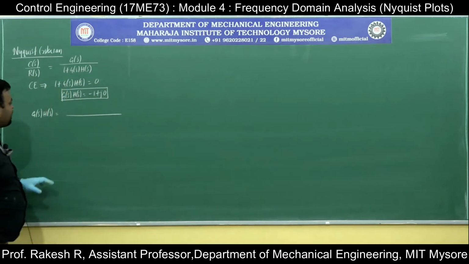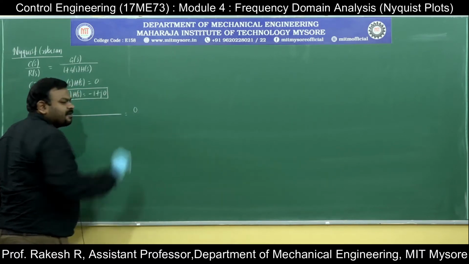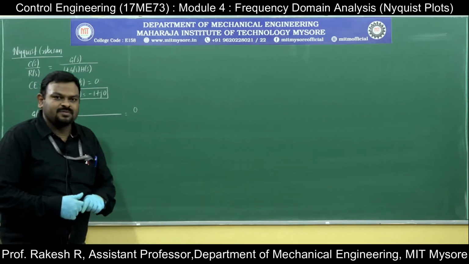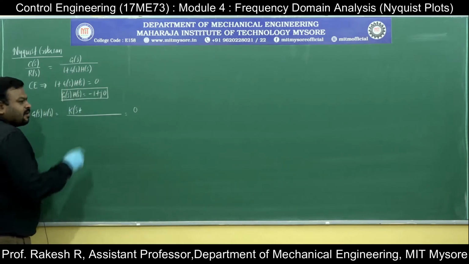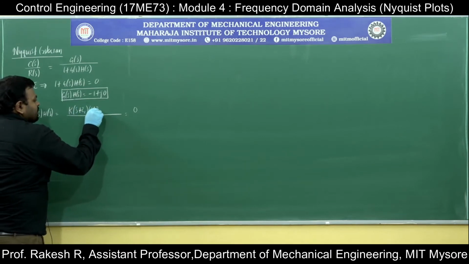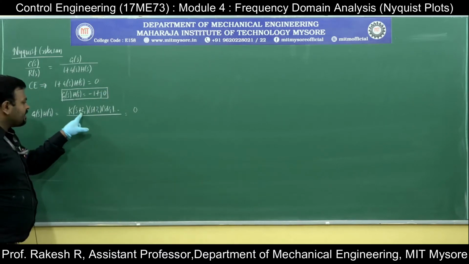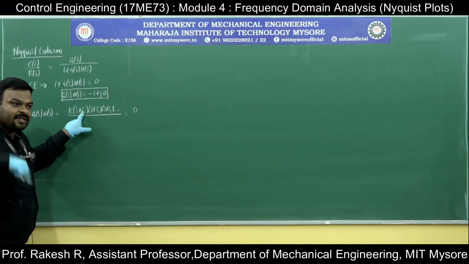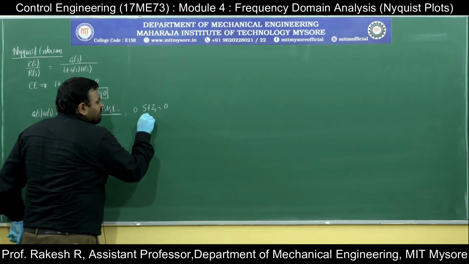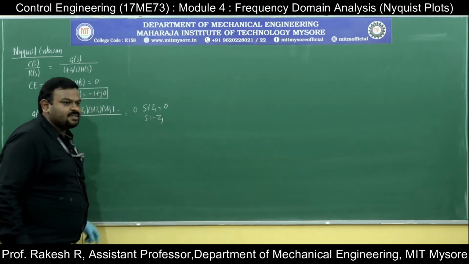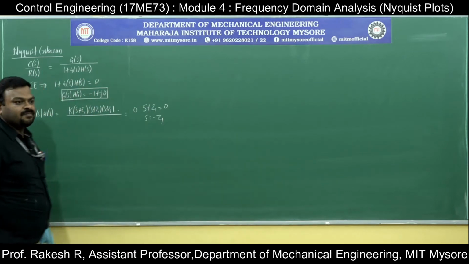So what are the zeros here? The numerator factors correspond to zeros, the denominator factors correspond to poles. If I consider the constant, the numerator terms are S plus Z1, S plus Z2, S plus Z3, etc. So if I consider S plus Z1, here Z1 must be negative. S plus Z1 equal to 0 gives S equal to minus Z1. That means the zeros should be negative or complex conjugates.